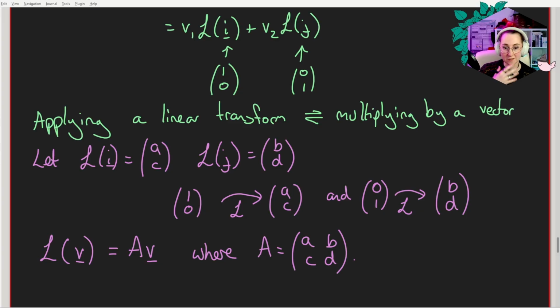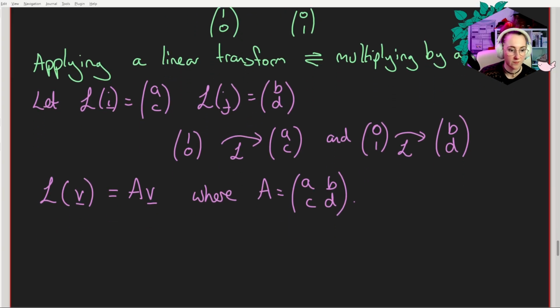So the linear transform that maps I and J to these column vectors is the matrix whose columns are the new mappings of I and J. I'm going to try and write that out in words.